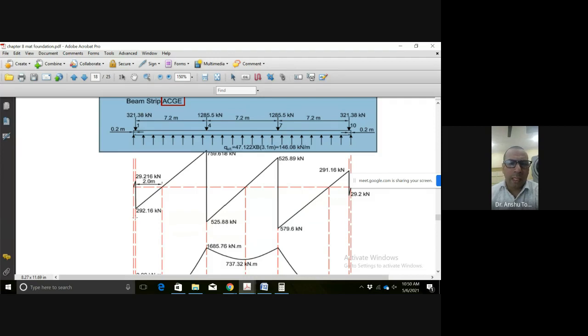Students, is it clear? On the same line, on this left hand side and right hand side, this is going to be the variation of the shear force.